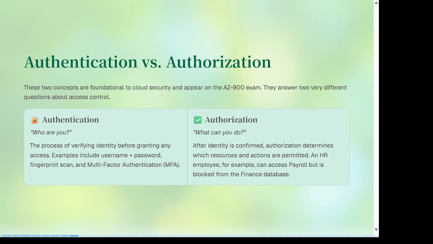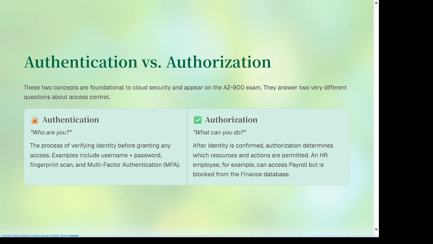Here let's understand with one example. Imagine you work in a company. You log into the system successfully using multi-factor authentication, MFA, that is authentication. Now you try to access different systems. You can access payroll data because, imagine you are from the HR department.